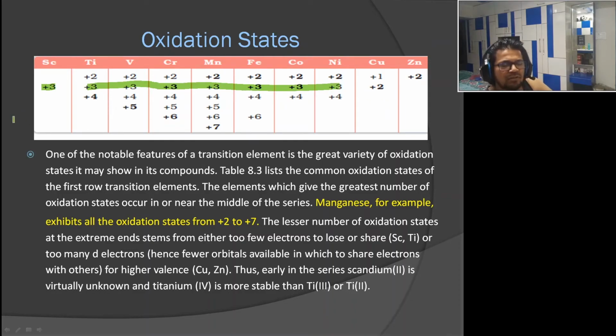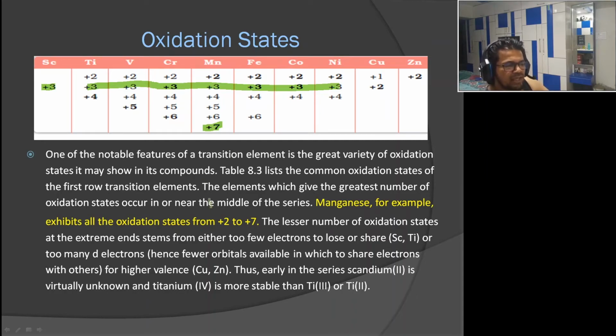So it's like this: scandium +3, titanium 2, 3, 4, vanadium 2, 3, 4, 5, chromium 2, 3, 4, 5, 6, manganese 2, 3, 4, 5, 6, 7, that's the highest of +7, Fe 2, 3, 4 and 6, cobalt 2, 3, 4, nickel 2, 3, 4, copper 1, 2, and zinc +2. Generally, as I said, the most common state is +2, +3 is also observed with many of them, and +7 is the highest for Mn.